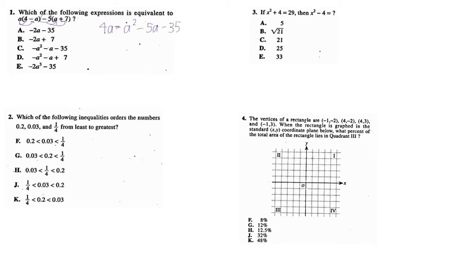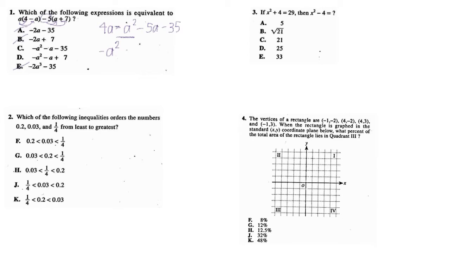Now we're going to collect our like terms, and looking at this, there's nothing that we can put with negative A squared. So I have negative A squared, and I would stop here and go look at my answers. I would toss out anything that does not have negative A squared.